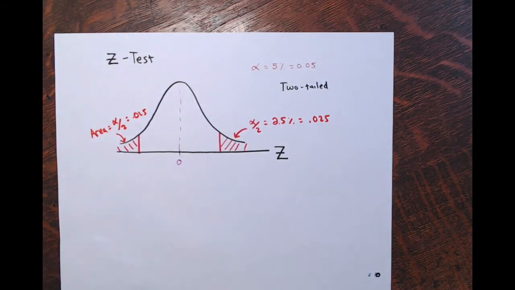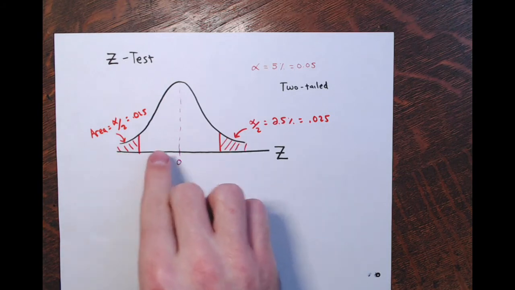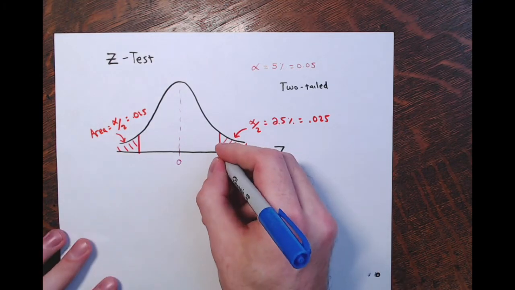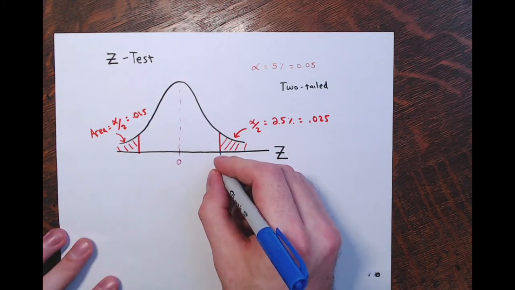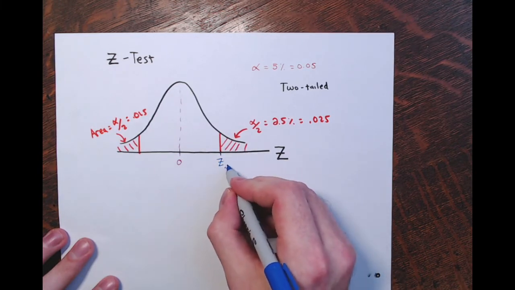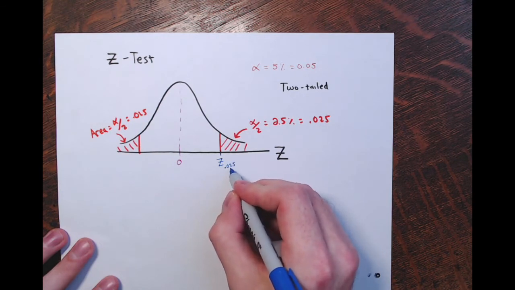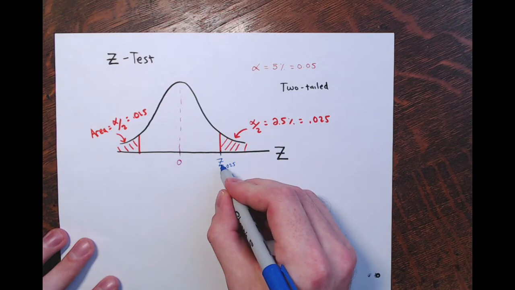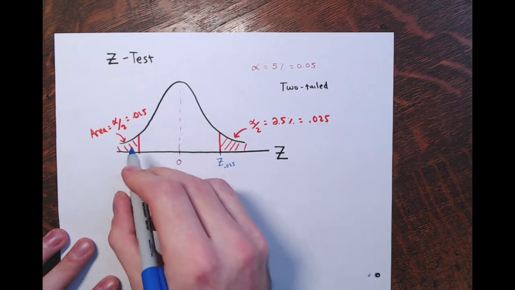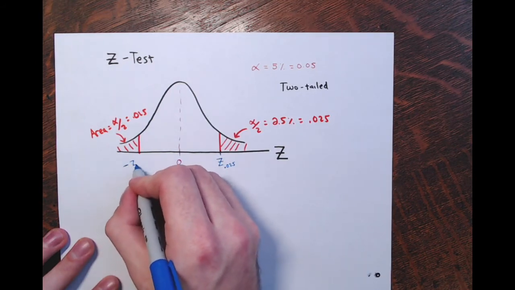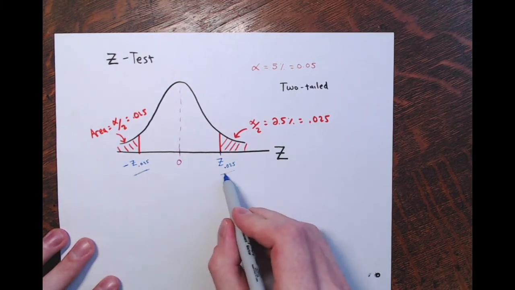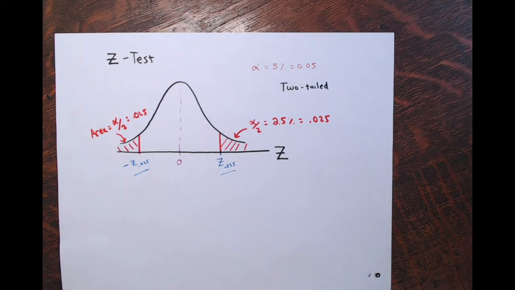So what we're looking for are these critical values that are the boundaries of these rejection regions. I'm looking for specific z-scores. This positive one is the z-score with an area of 2.5% above it, so z with a subscript of 0.025. Again, this means the z-score with an area of 2.5% above it. Over here is just the opposite, so negative that value. We can find these from the table they provided.